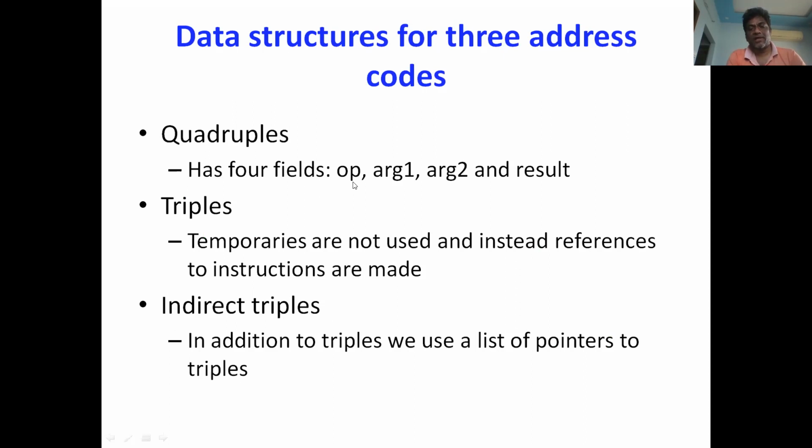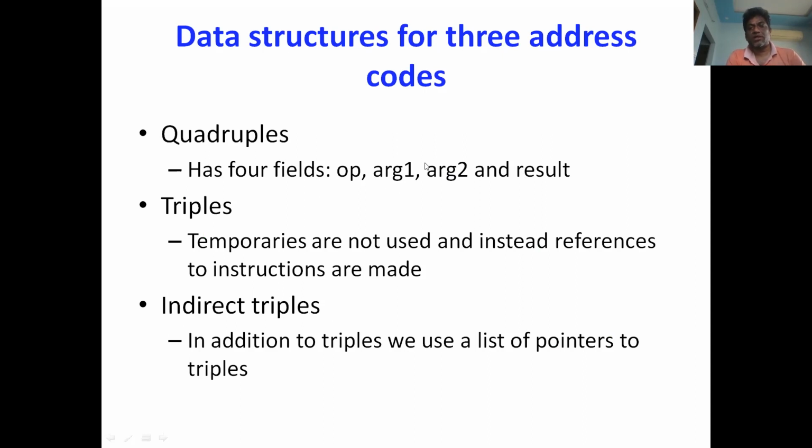First field represents the operator. Second field represents the first argument of the operator. Third field represents the second argument of the operator, and finally the result, the temporary variable in which this argument 1 op argument 2 is stored.